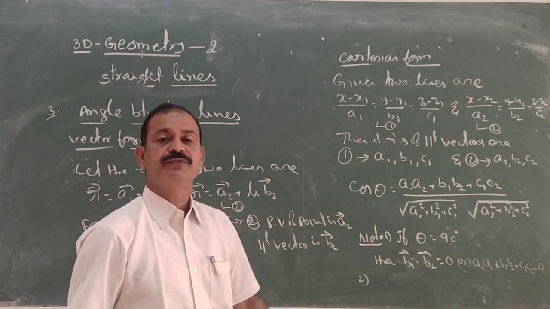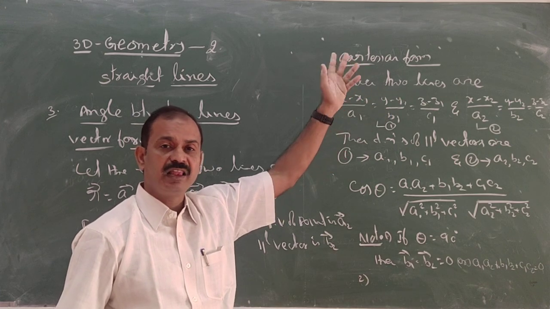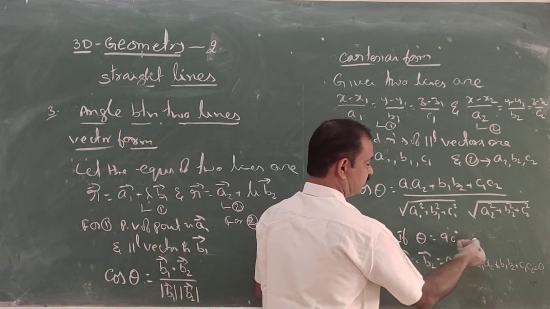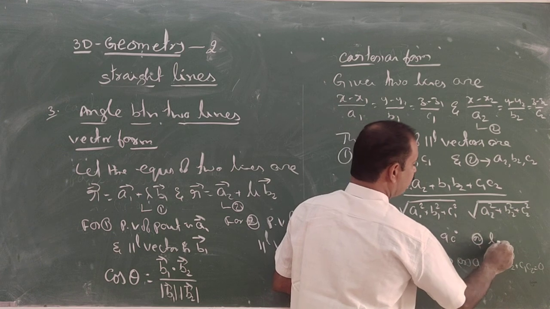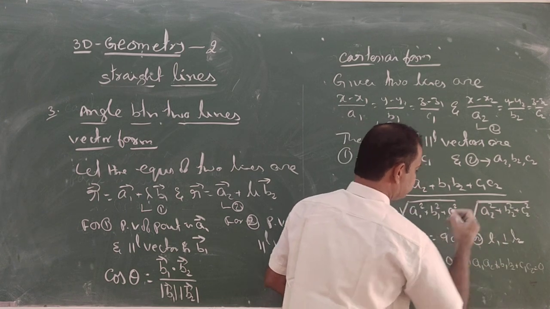Second one: if theta is equal to 90 degrees, then L1 is perpendicular to L2.